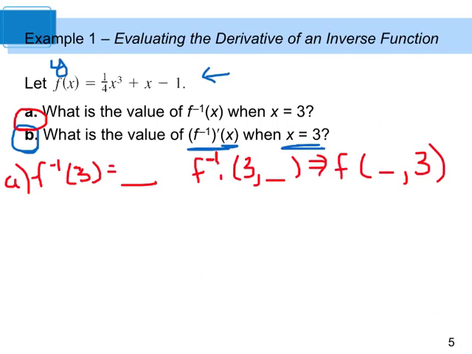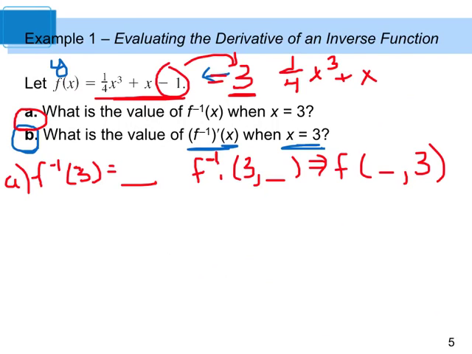So I'm going to set this equal to 3, and I can swing the 1 over to make it easier. So 1/4 x cubed plus x equals 4, because I added 1 to both sides. Honestly, at this point, guess and check works about the best. You can get a calculator out to help you solve this.